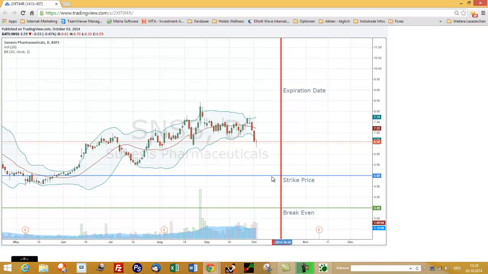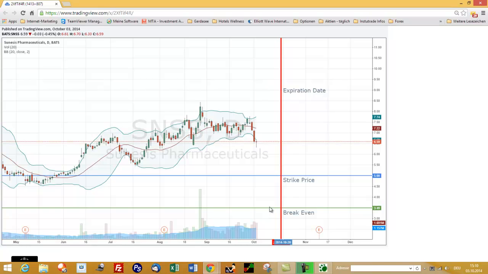In the worst case, what could happen is that the stock moves even below our strike price. We would have to buy the 100 shares of SNSS for $5, but since we collected $1.55 for each share, our break even is only at $3.49.